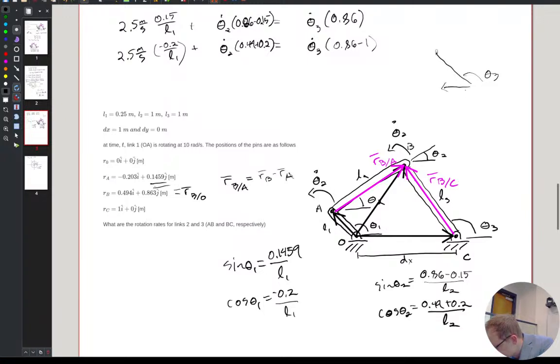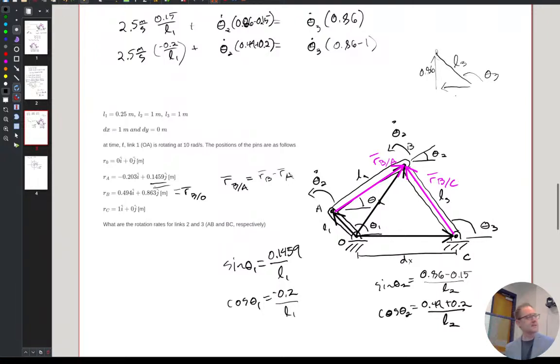So that's theta 3, right? So theta 3 is this. The distance to get up to theta 3 is the actual position of RB, 0.86. It's RB's J component.